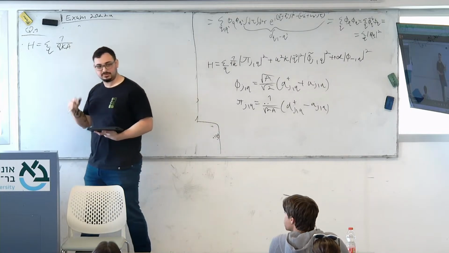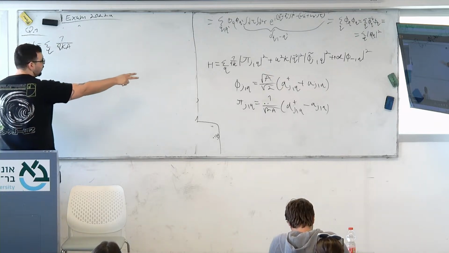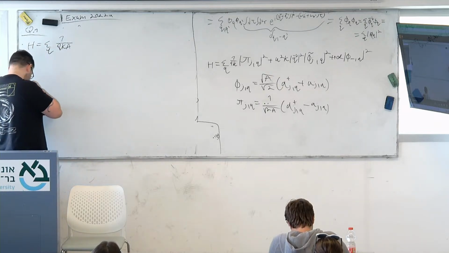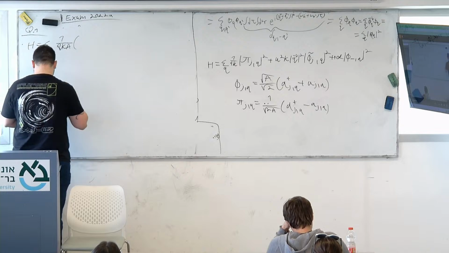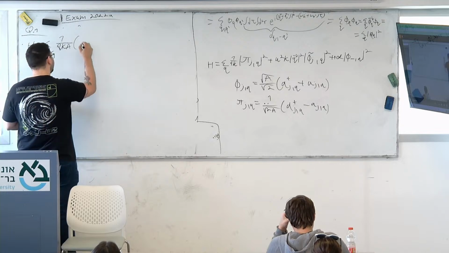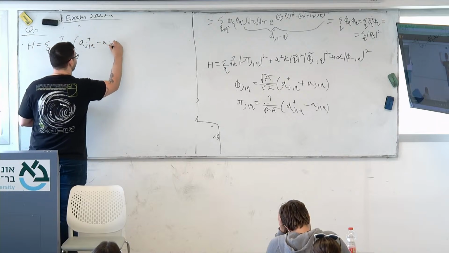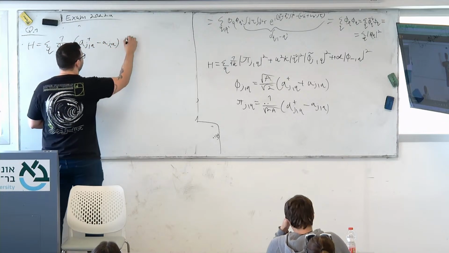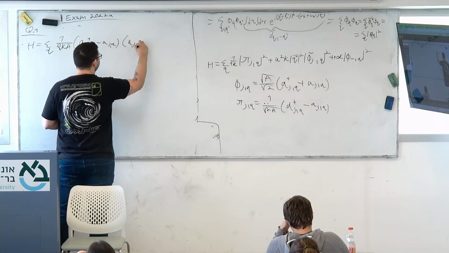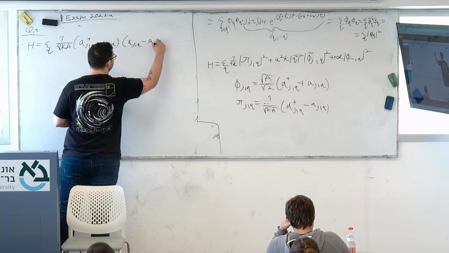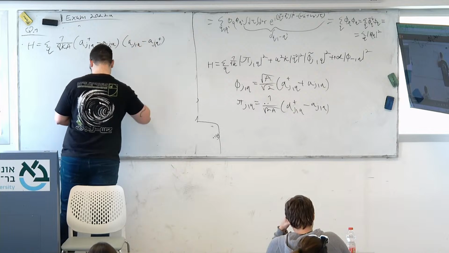So I'll use the square root of a instead of a. Alright, so first of all, it's pi, ajq dagger minus ajq, and then pi conjugated, so ajq minus ajq dagger.